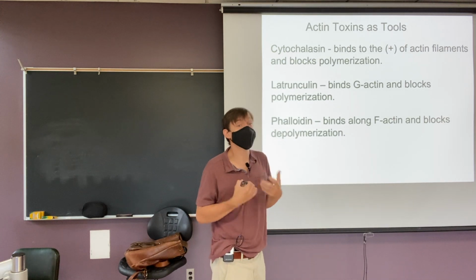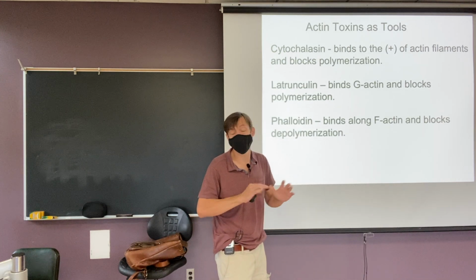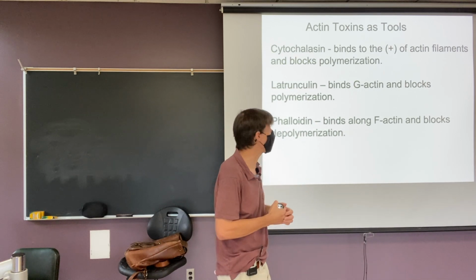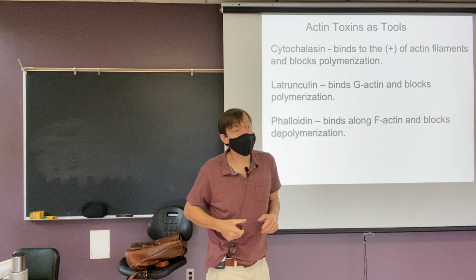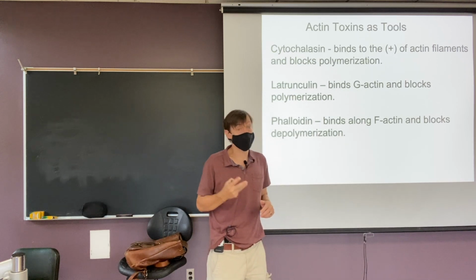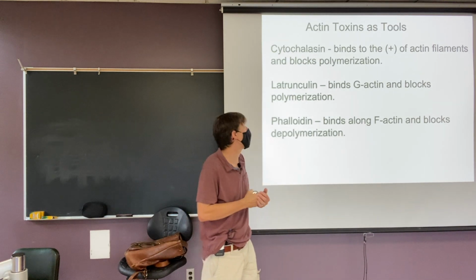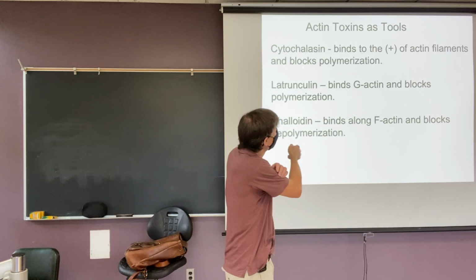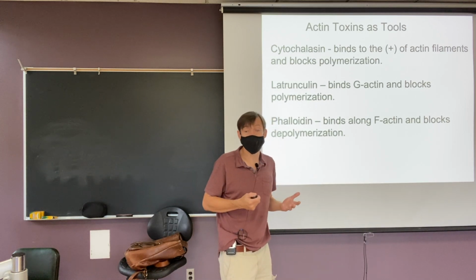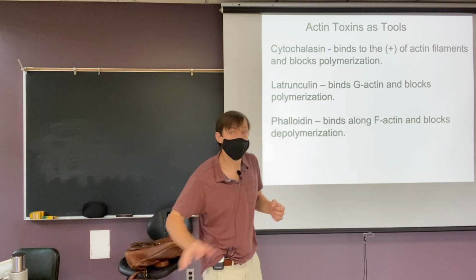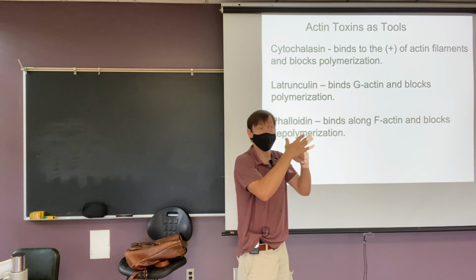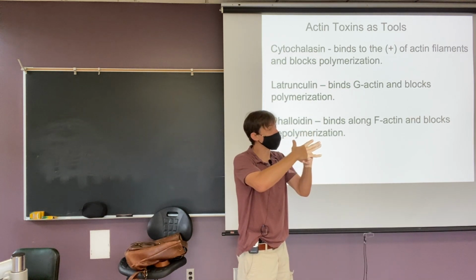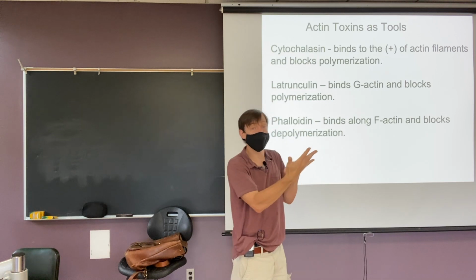These are incredibly useful tools, and they're used throughout science just to understand how cells work. In terms of actin, there are 3 drugs or toxins that are used all the time. The first is cytochalasin, which binds to the plus end of an actin filament and blocks it. When cytochalasin is bound to the plus end of an actin filament, it blocks assembly.